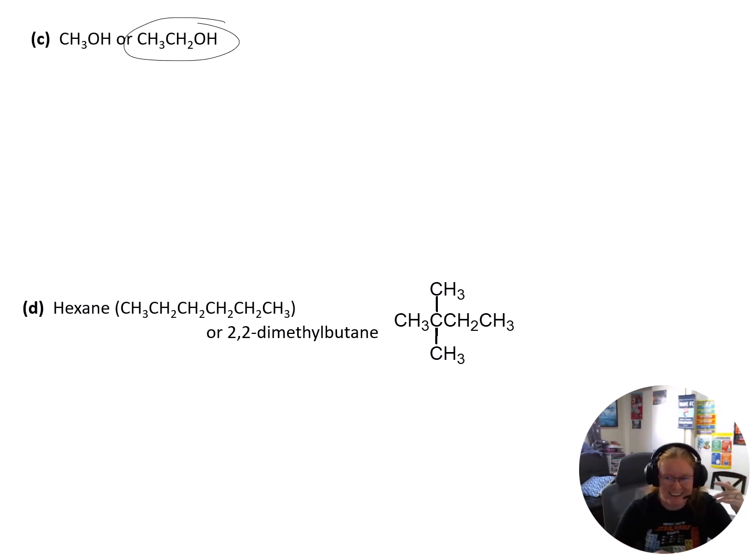We're looking at a carbon chain with that hydroxyl on it. So they both will hydrogen bond, but there's going to be another competing force there. See if you can figure it out. And then hexane and 2,2-dimethylbutane, if you look at all the carbons and hydrogens, they're isomers of each other. They have the same formula. So I'll tell you that the hexane has the higher boiling point. See if you can puzzle these out.